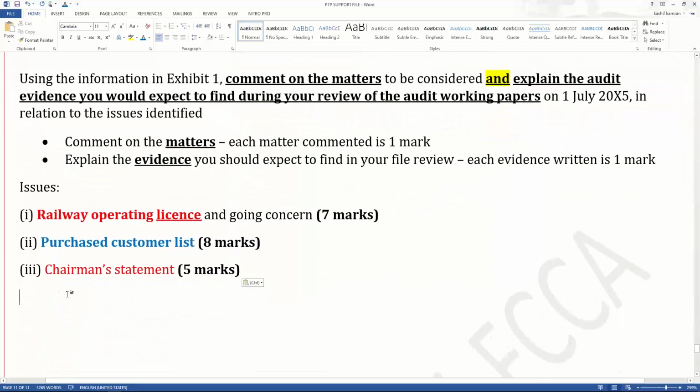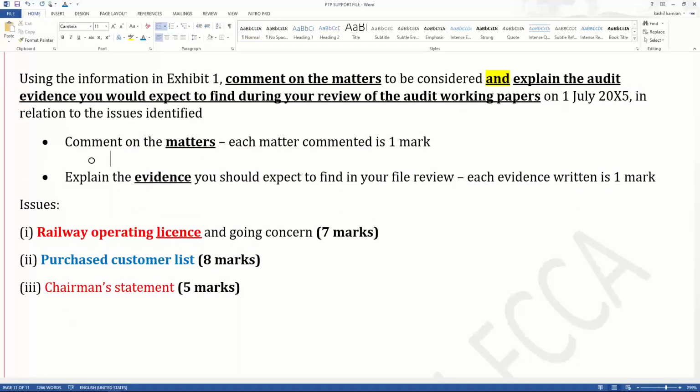Now, when the question asks you to comment on the matter and explain the evidence, the examiner was telling you in the day 2 session, in the article, and I just reinforce that comment on the matter is the same way you write a ROM answer using the 4-step model.